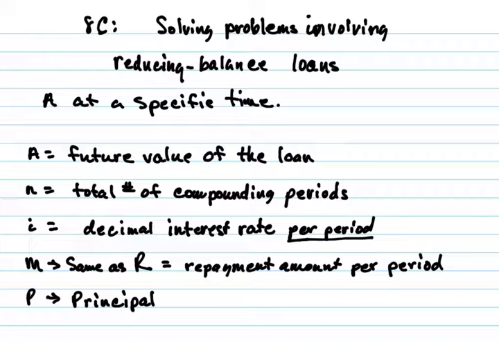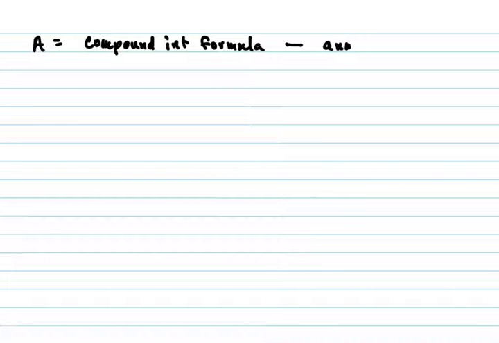Okay? So A equals the compound interest formula minus that first annuity formula, the one that starts with M, equals something.